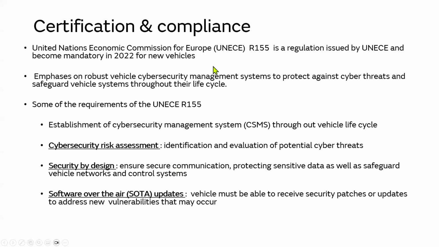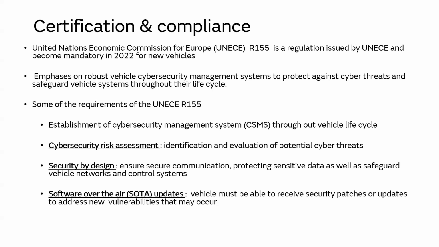UNECE R10 imposes that when we release a vehicle, it should be cyber compliant, and there are certain requirements we need to meet: cyber security assessment, security by design, and showing that we have a mechanism to update the software over the air in case a new threat comes into the picture, because hackers always come up with new malware.